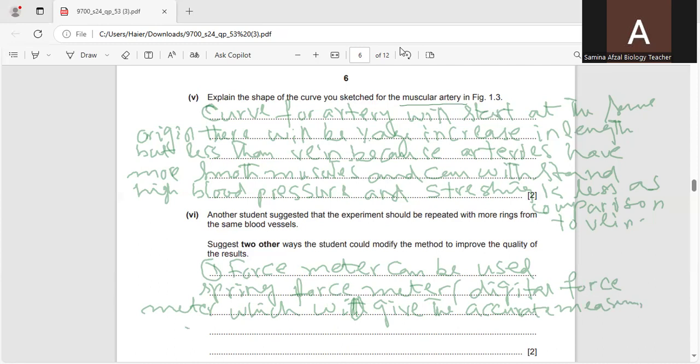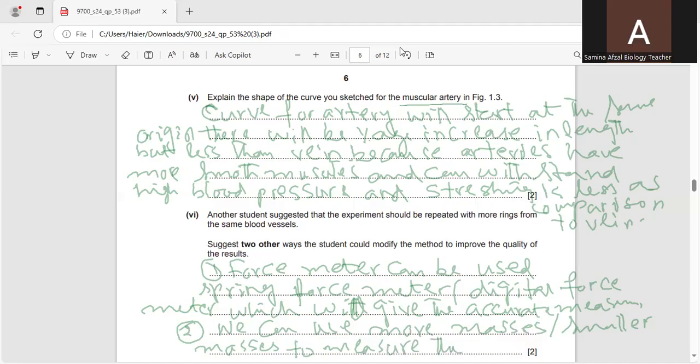And secondly, we can use more masses or smaller masses to measure during the investigation. Or we can use smaller weights. You can say that instead of 10 gram, we can use 5 gram, 2 gram, 6 gram, and so on.